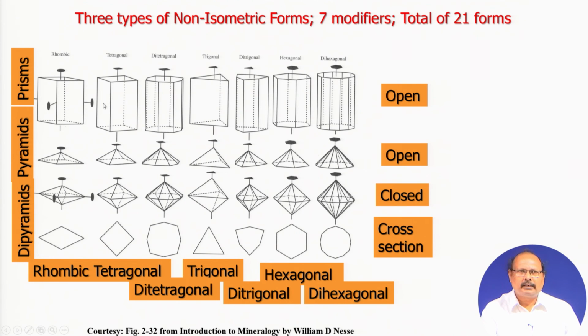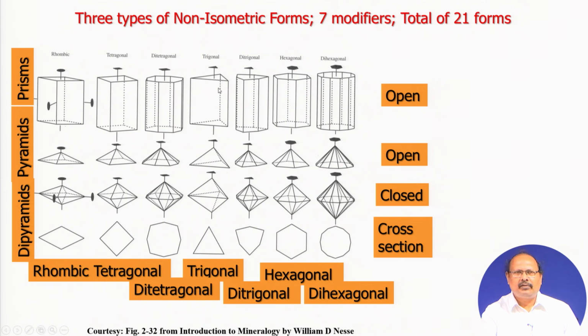Now, if there is a situation where this face intersects the positive direction of the A1 axis and the positive direction of the A2 axis, and it is subdivided into 2 additional faces, one face here, another face here, so that instead of 4 there are 8 faces, all parallel to each other and parallel to the vertical tetrad, we call it a ditetragonal prism here.